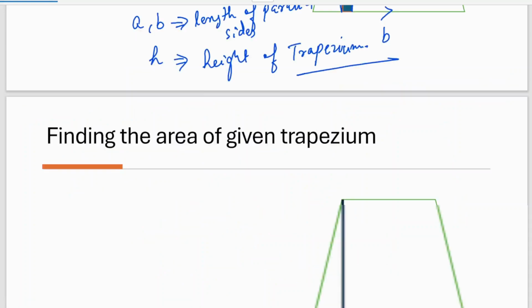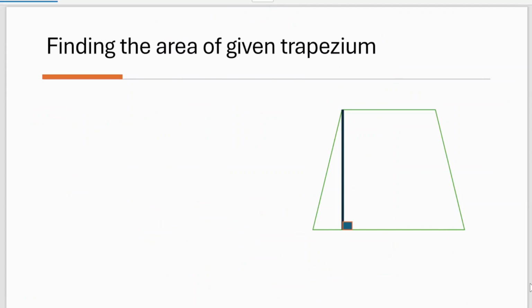Next, if I give you a question to find the area of a trapezium, suppose this is 25 centimeter, this is 15 centimeter, and this is 10 centimeter. How will you find the area of the trapezium?